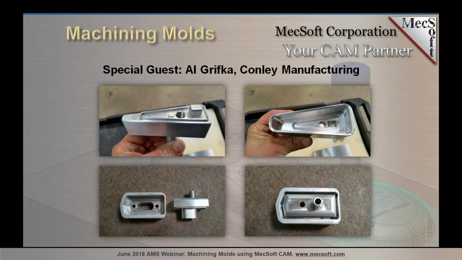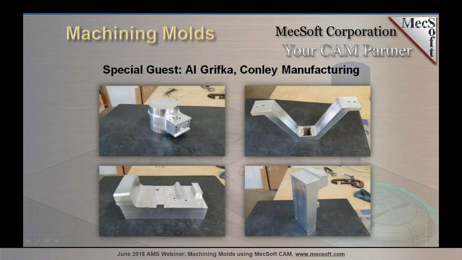So then on the next slide, these are a couple other things that we do. This piece here was actually a prototype for an aerospace company. They wanted us to make 6 of these. It's a vacuum coupler, I call it. This would be the end of the vacuum where it would suck from.